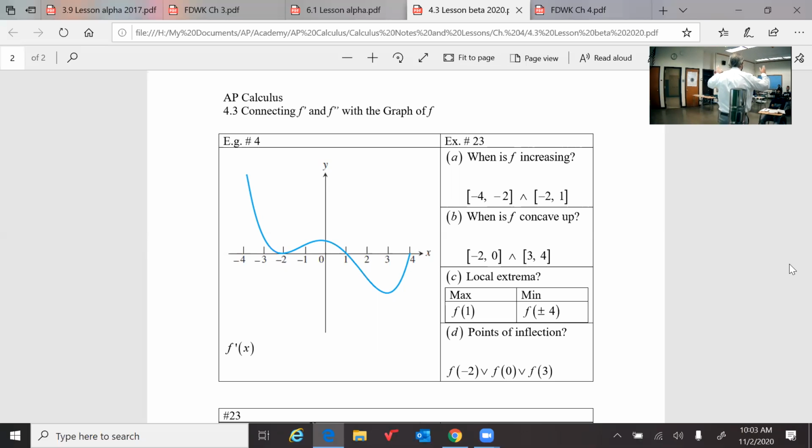It did not give you a local max or local min. Here's a critical point. At 1, what's happening? The derivative is positive and then negative. So this is a local max. The parent graph is going up, and then it's going down. That's how it behaves around a local max.